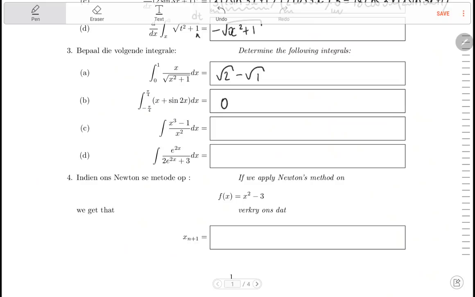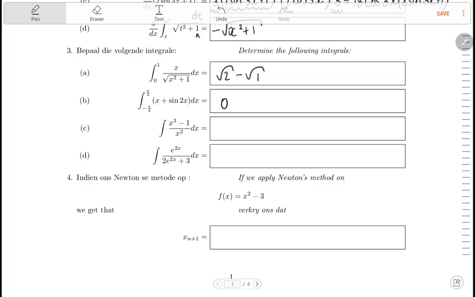For the next one, I have the integral of x cubed minus 1 over x squared. So once again, just looking at this, we don't immediately know how to integrate this, but we can write it in a form that we know how to integrate by simply splitting it up into two integrals again.